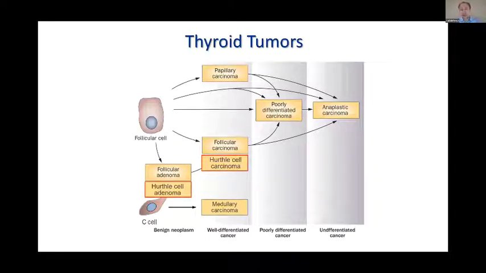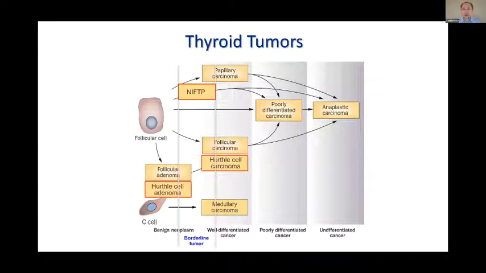And then during the symposium, we'll definitely cover two less common but more lethal types of thyroid cancer, which are poorly differentiated carcinoma and anaplastic carcinoma. So over the last 10 years, we also advanced our understanding of the precursor lesions for well-differentiated thyroid cancer.